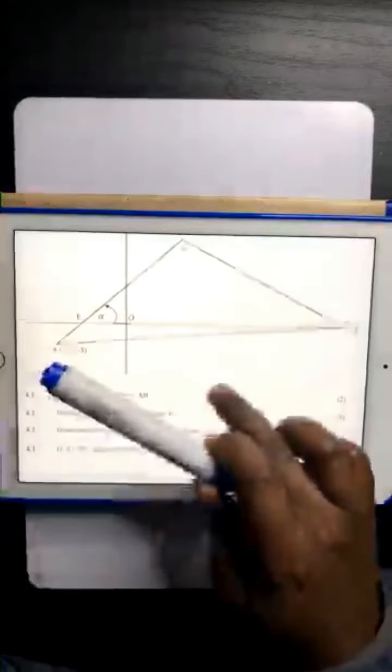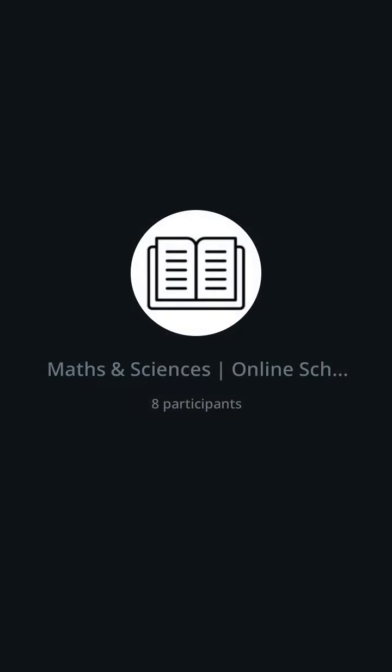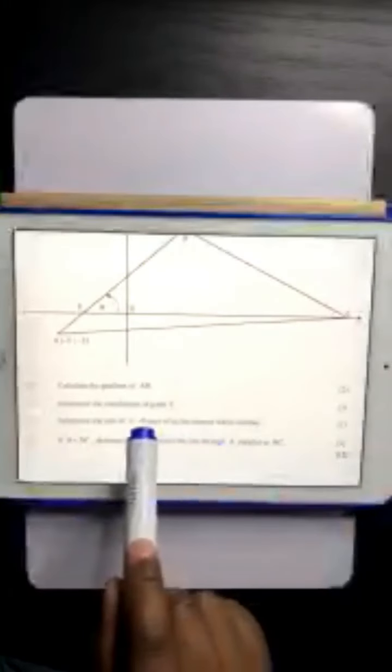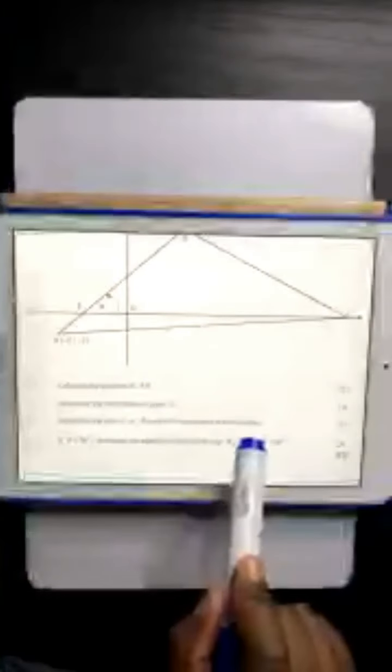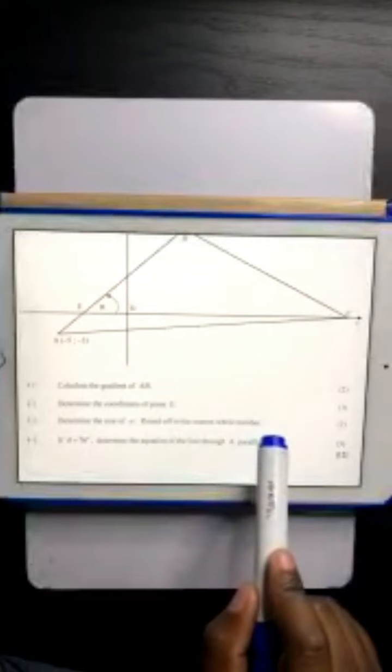We already know the gradient of that line. So that gradient, which you calculated at 4.1, you can just equate it to tan theta and get the inverse function of tan theta. It is going to give you an angle, which is possibly in the form of a decimal. And here, the instruction says round to the nearest whole number.